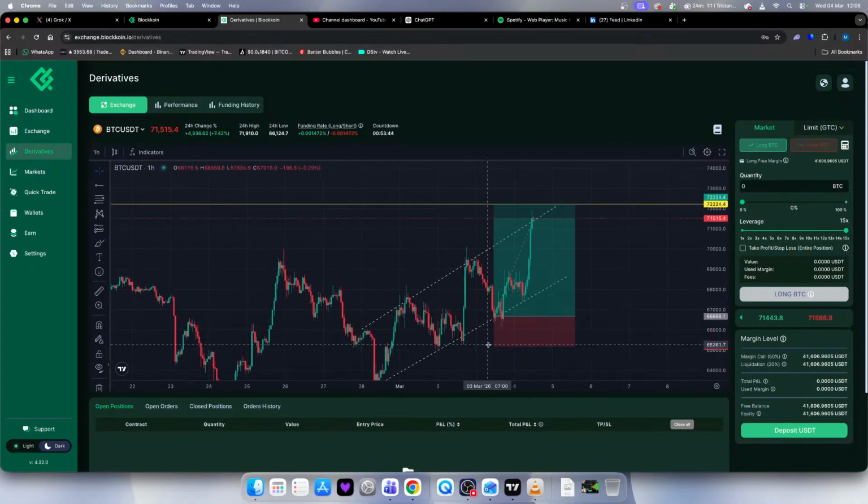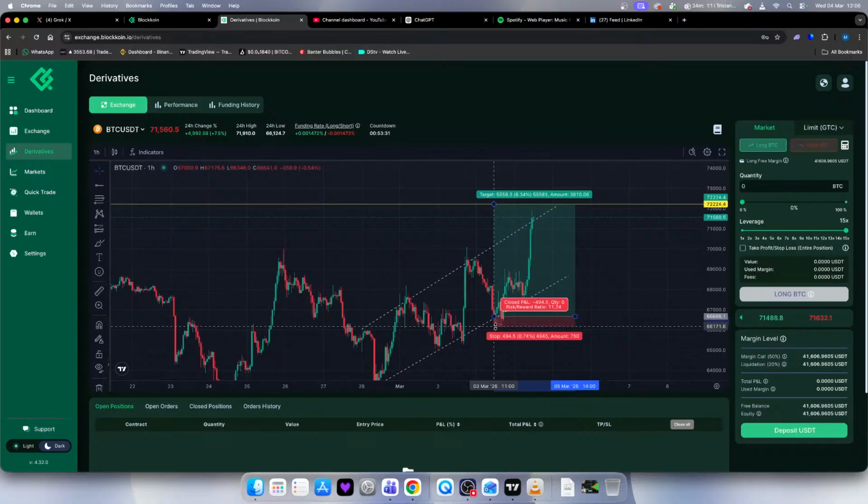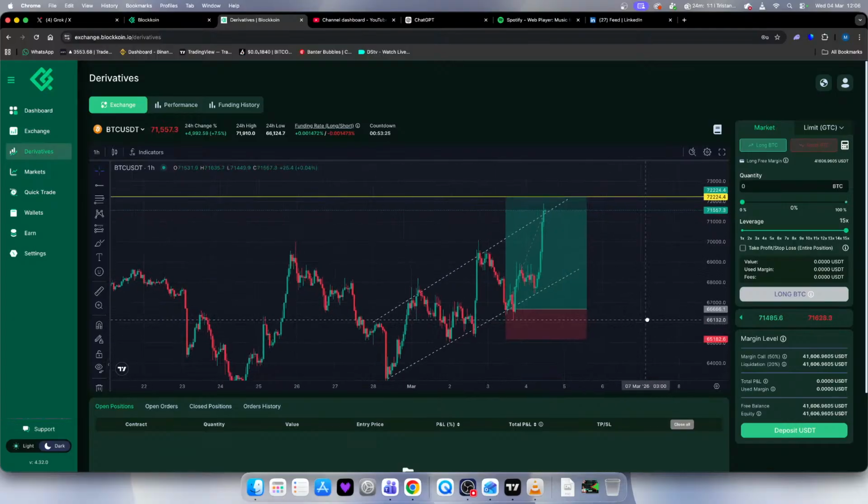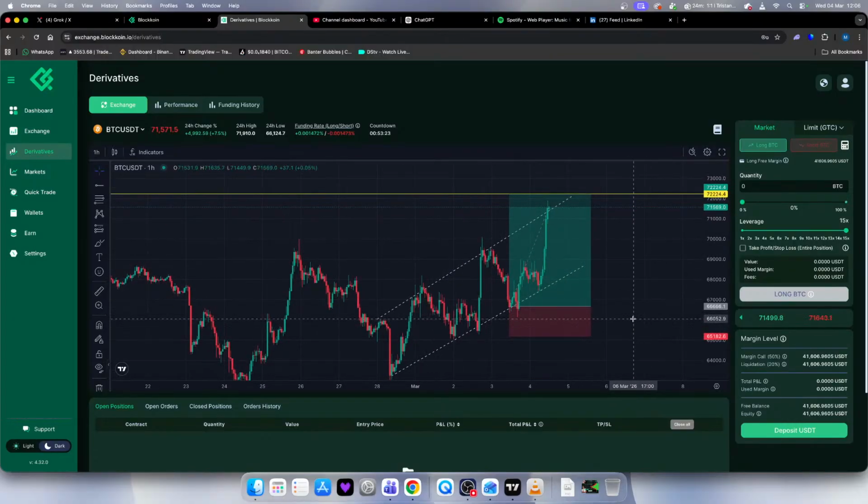So yes, place your stop losses beyond structural invalidation, and not just where you'd like to keep it, or just because you don't want to risk as much, or just to keep the risk reward high enough. Always place it with structural validation, right?